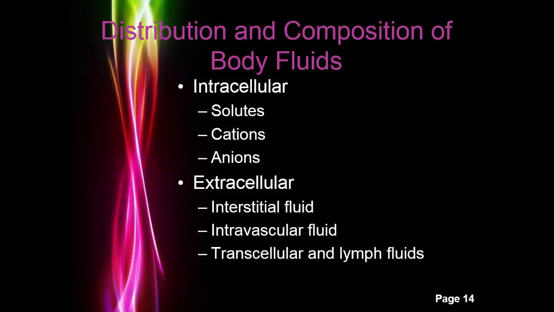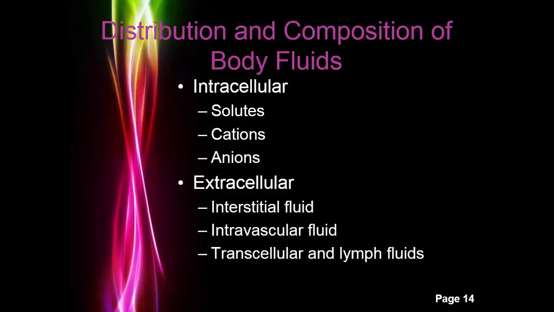This contains your solutes, which are substances that dissolve in liquid, like oxygen, electrolytes, and glucose. They provide a medium in which metabolic processes in the cell take place. Your cations are positively charged ions, like potassium and magnesium, the major cations in intracellular fluids. Your anions are negatively charged ions, and phosphate and sulfate are the major anions in intracellular fluid.